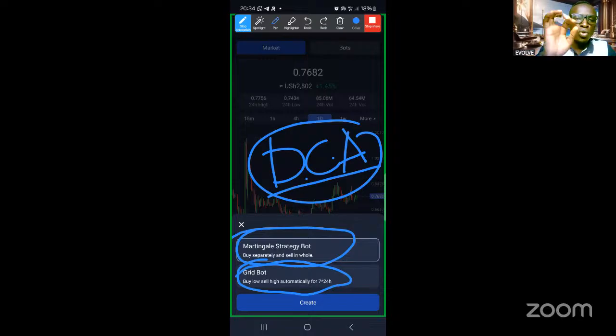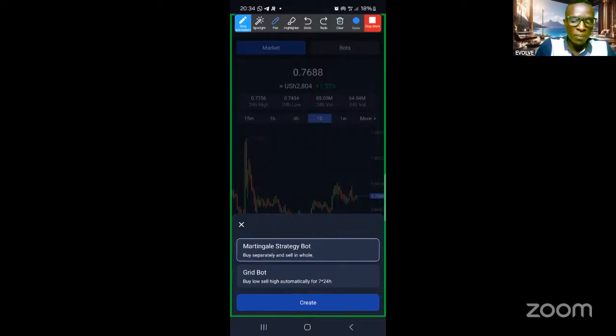It is very good for risk management when you are using the martingale strategy bot while leveraging on the dips when the market is going down. So basically, when you join in, your focus should be, how does the martingale strategy bot work? Give me a yes if you are with me at that point.